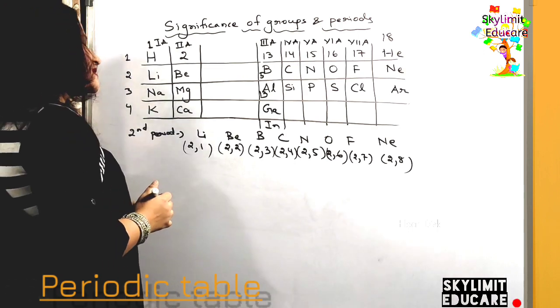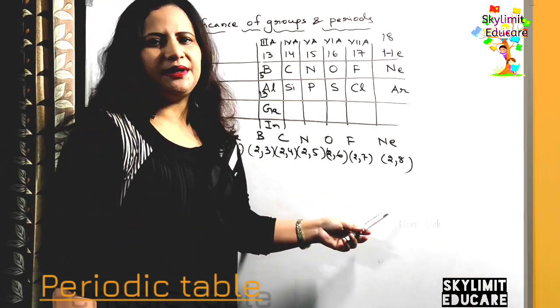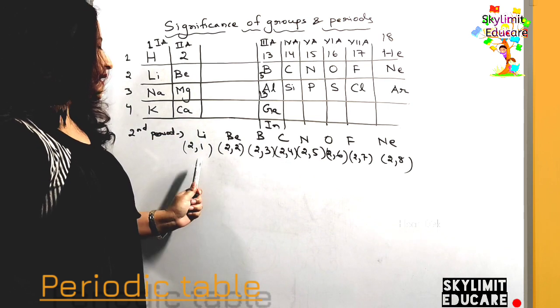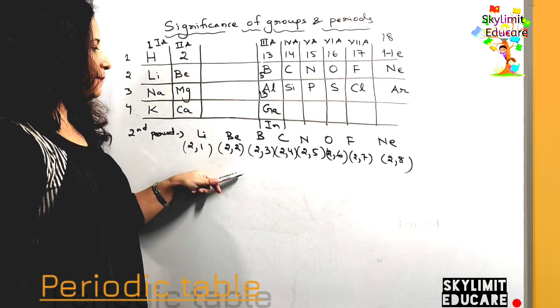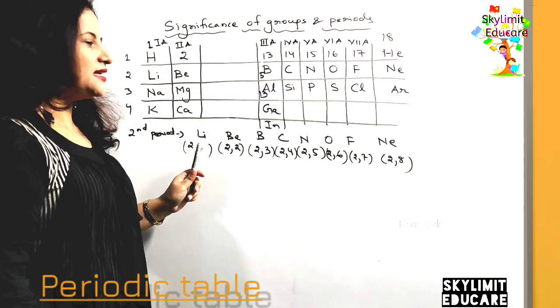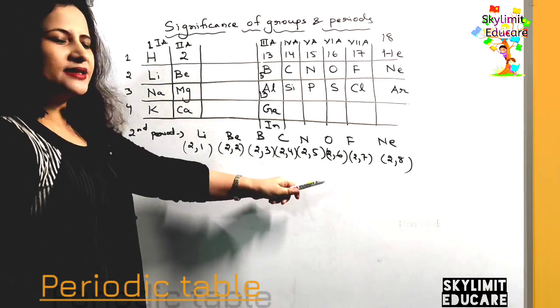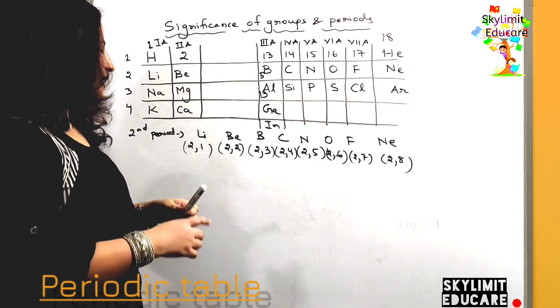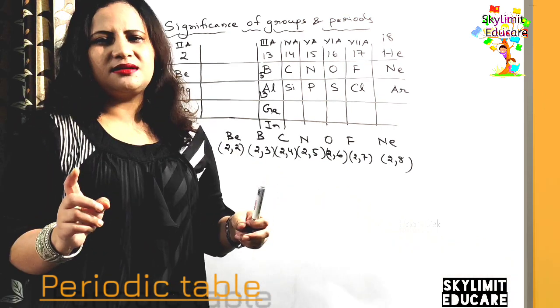So now you see these are elements belonging to the same period, and what is common in them? When you write the electronic configuration, you can understand that these elements which fall in the same period have the same number of shells. Like lithium has 2 shells, beryllium also has 2 shells. That means they have K and L shells. Yes or no?